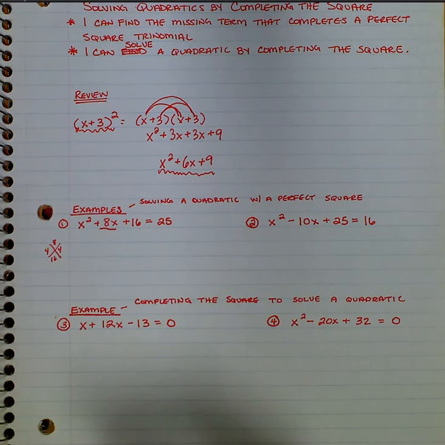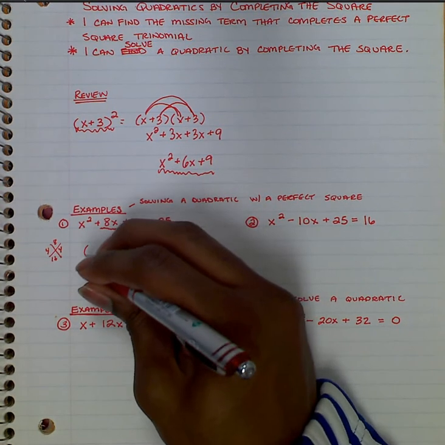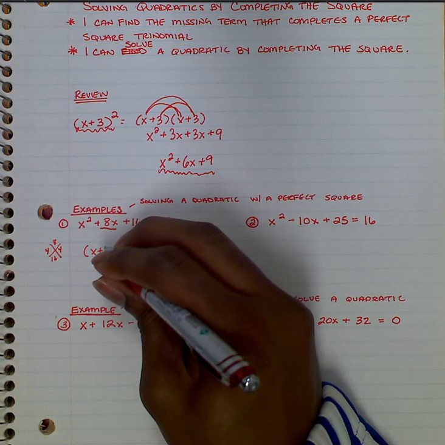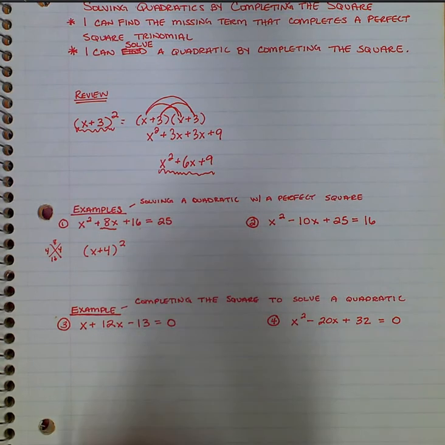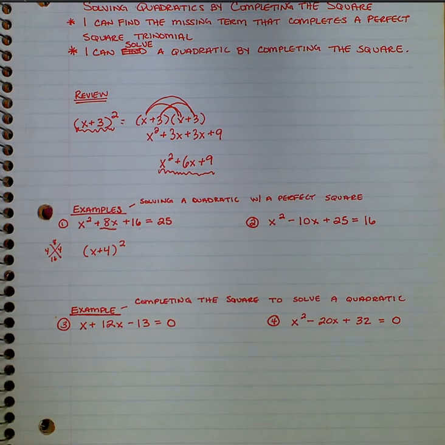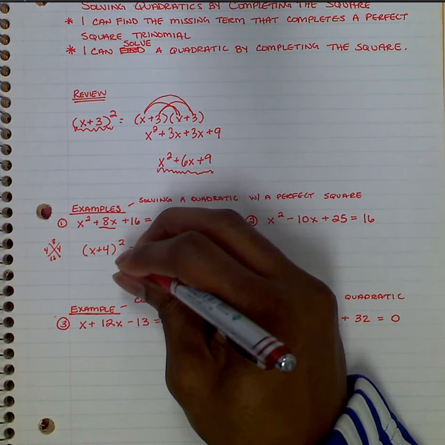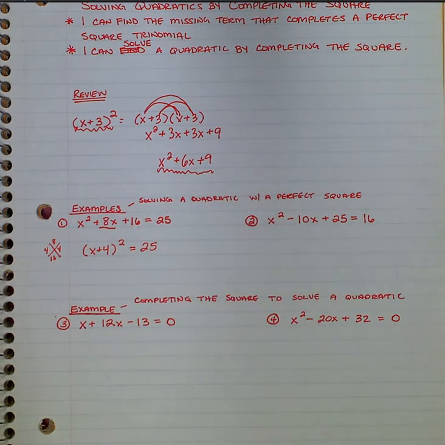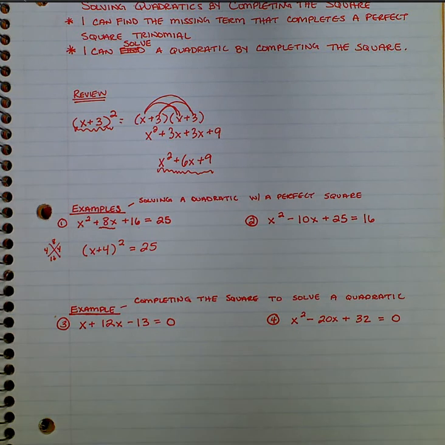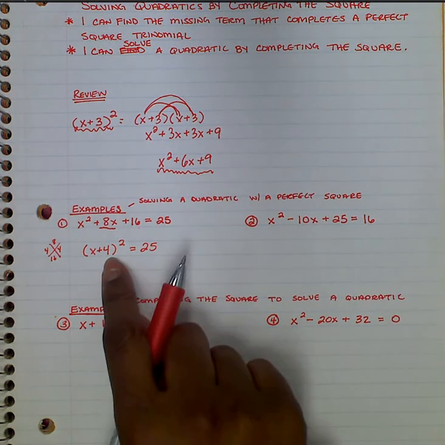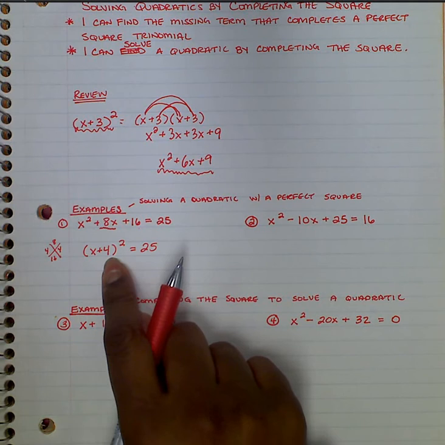So what we have here is actually (x + 4) squared on this left side. (x + 4) squared equals 25 because we haven't changed anything on the right side.